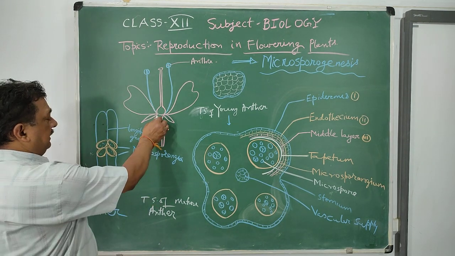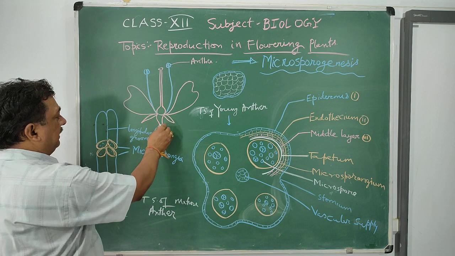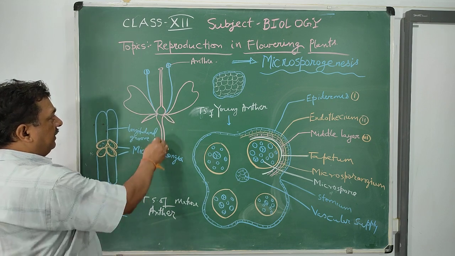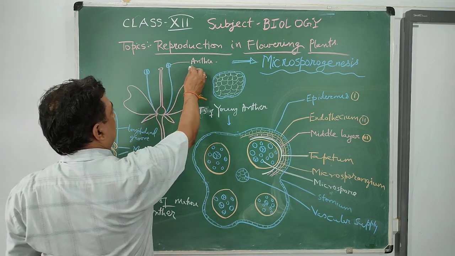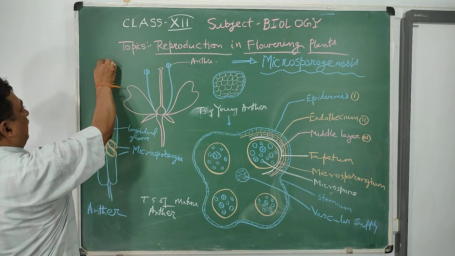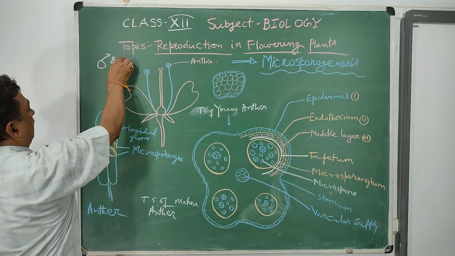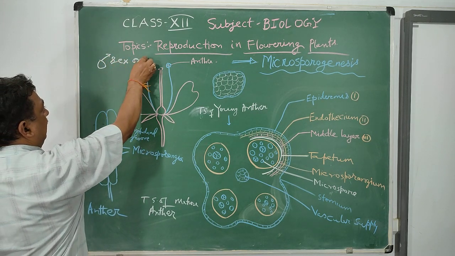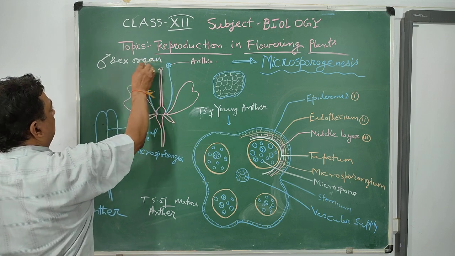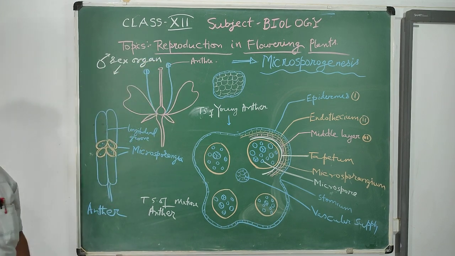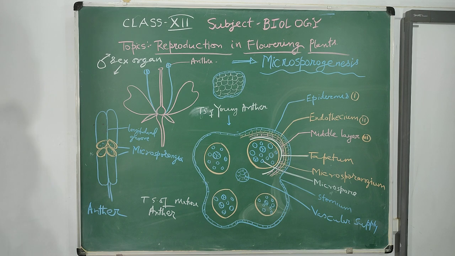And this is the diagram of a typical flower. But here I would like to focus on the male sex organ. The male sex organ of a flower is called androecium.